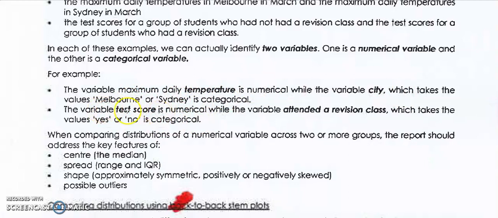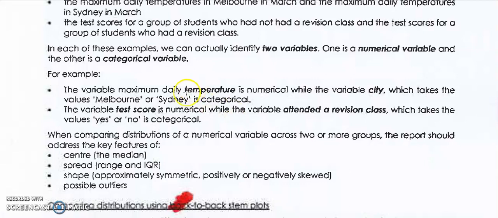And the other one, the variable test score, is numerical, while the variable attended a revision class, which takes the value either they did or they didn't, is categorical. Okay, so there's always going to be numerical and there's always going to be categorical when you have two groups.